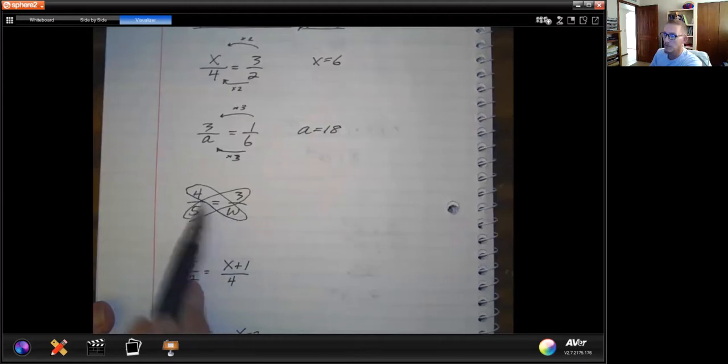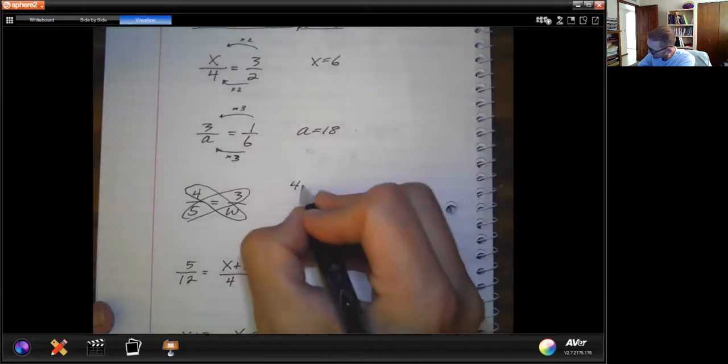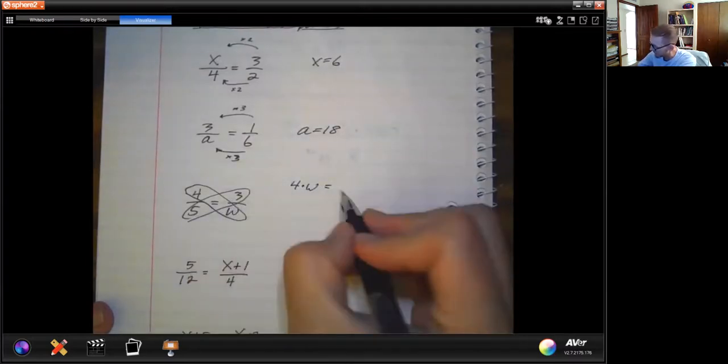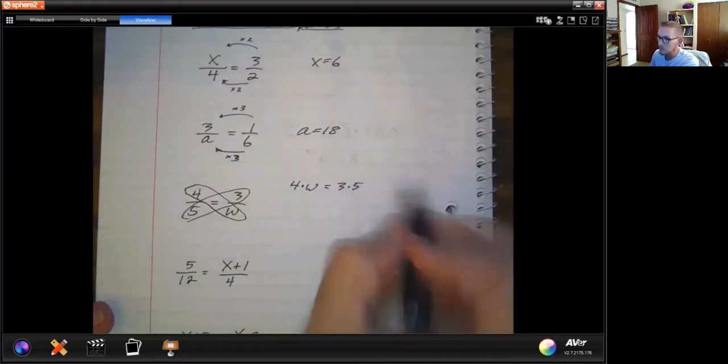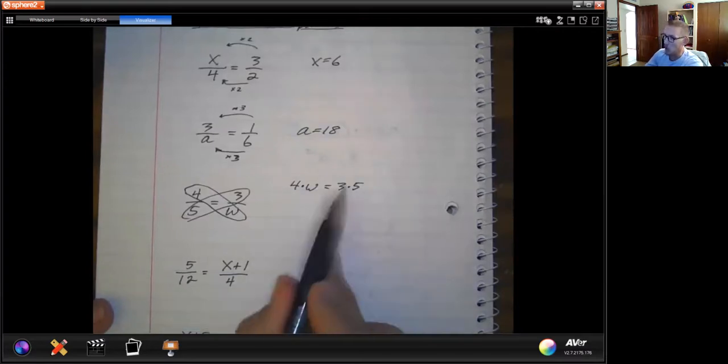So this becomes 4 times w equals, and on the other way, it's 3 times 5. So I'm multiplying across, and basically what we're doing is we're using the ideas of earlier in this unit to get rid of fractions. And that's essentially what's happening in this problem is we're working to get rid of fractions throughout the whole thing. And you'll notice the fractions are now gone.